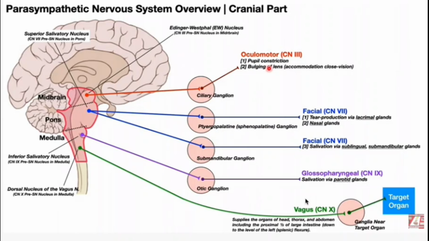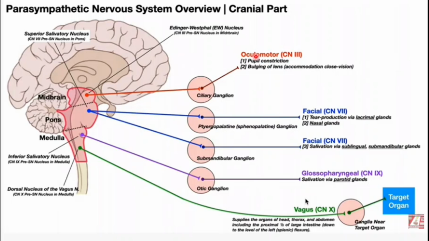Cranial nerve 3 is also known as the oculomotor nerve. Cranial nerve 7 is known as the facial nerve. Cranial nerve 9 is known as the glossopharyngeal nerve, and cranial nerve 10 is known as the vagus nerve. The first one is cranial nerve 3, or the oculomotor nerve.